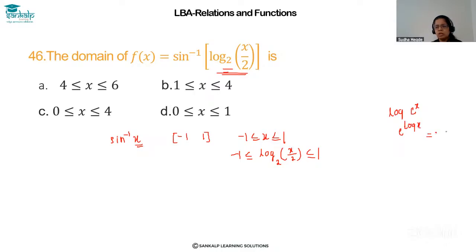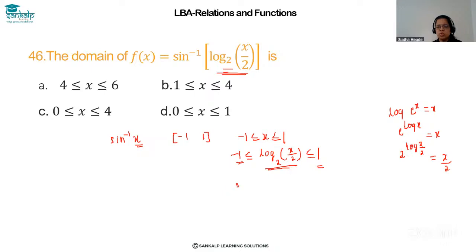Both are x. You have log x now, e power you have x, then you will get x. Instead of e here, you have 2. 2 power log x by 2 is x by 2 only. So if you are writing 2 power here, you also have to write it here.